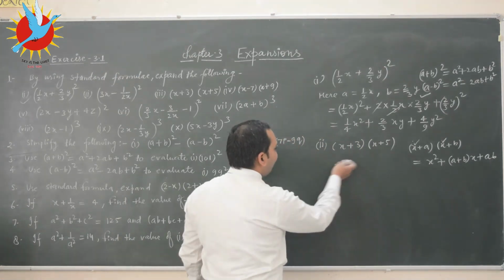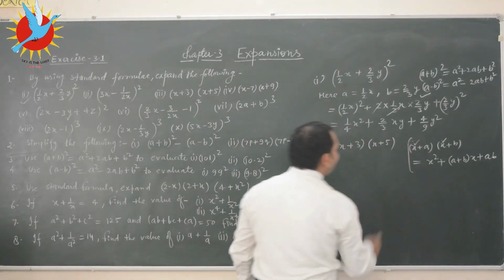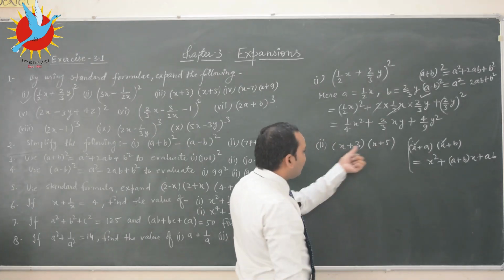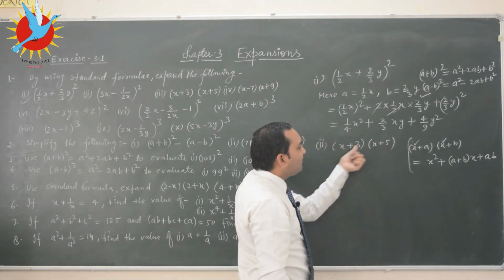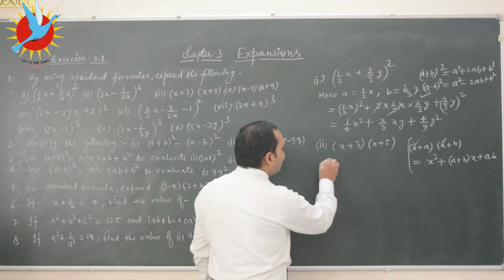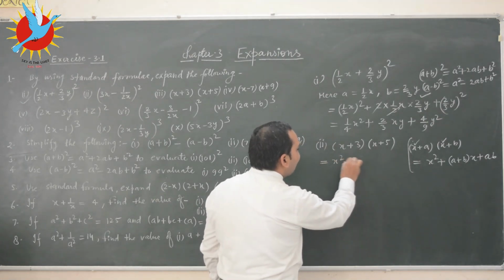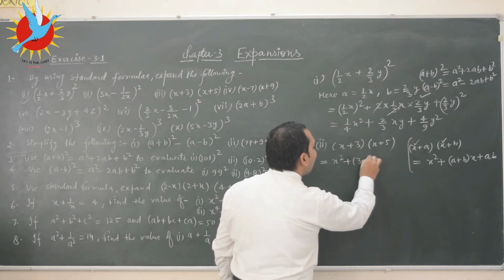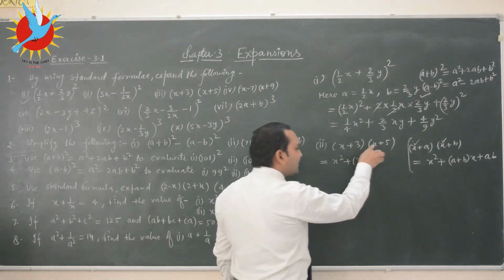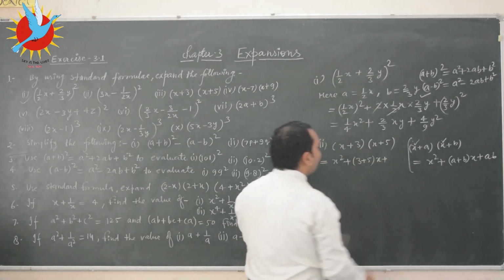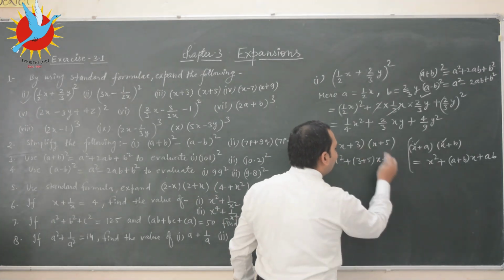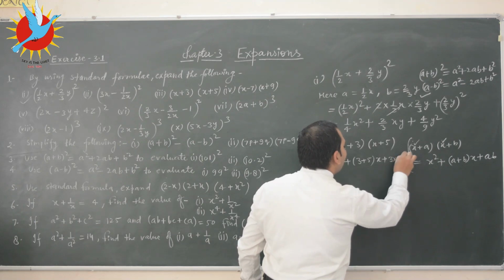So here we apply the same formula, x plus A into x plus B. Here also the first term is same but the second terms are different. So we use the formula x square plus sum of the second terms, means 3 plus 5 into first term plus product of the second terms, 3 into 5.